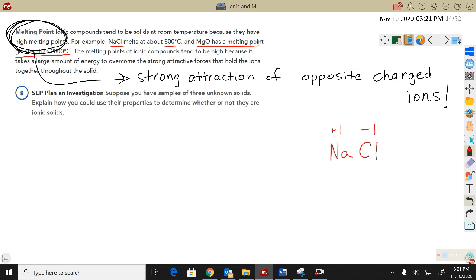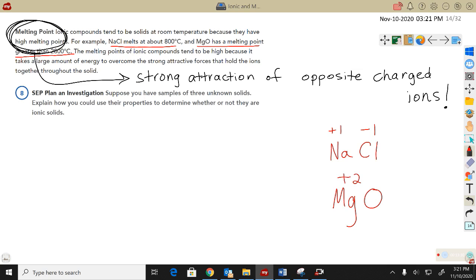So now if I think about magnesium oxide, magnesium and oxygen. Magnesium has 2 valence electrons, and we'd probably lose both of them, right? Charge of +2.